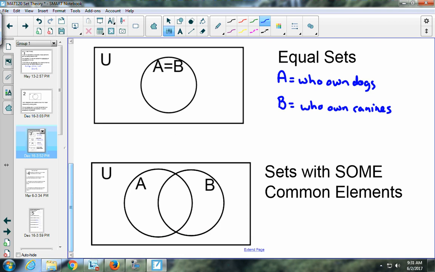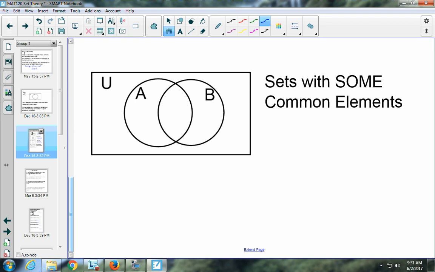The kind of Venn diagrams that we're going to see most often are ones like these, where the sets have some common elements. So that could be something like, if we stay on that same thing, A is people who own dogs, and set B could be people who own cats.